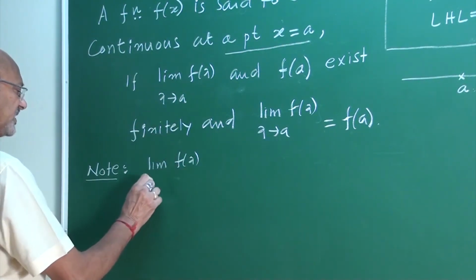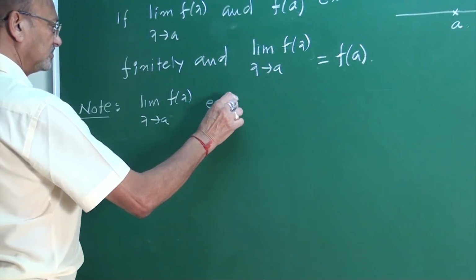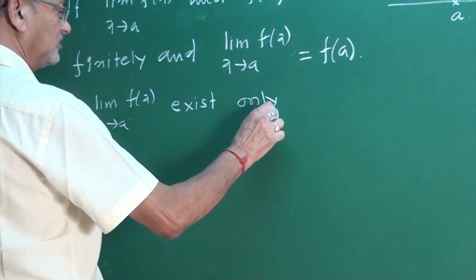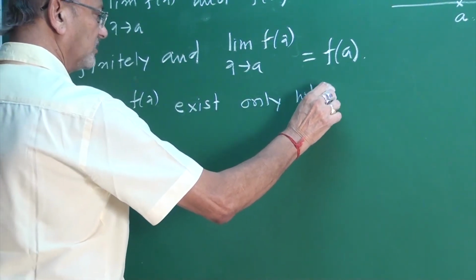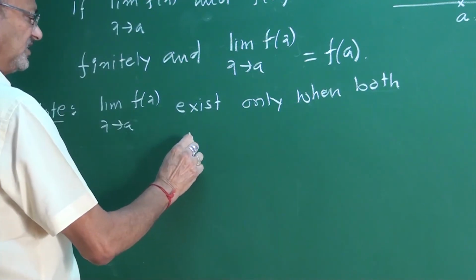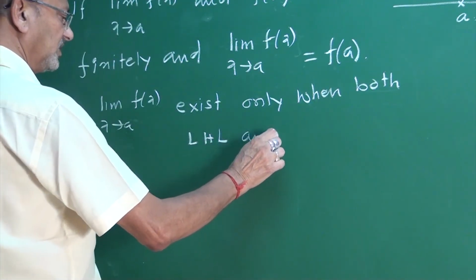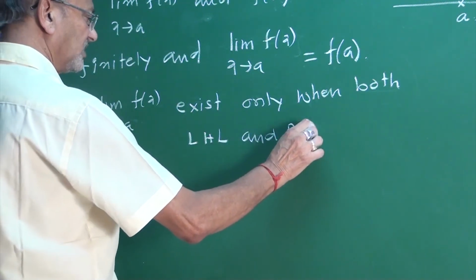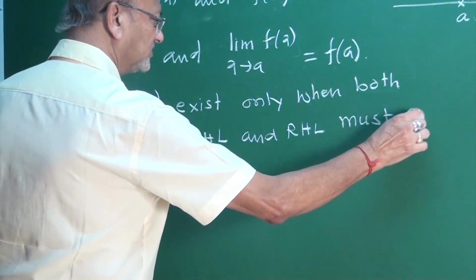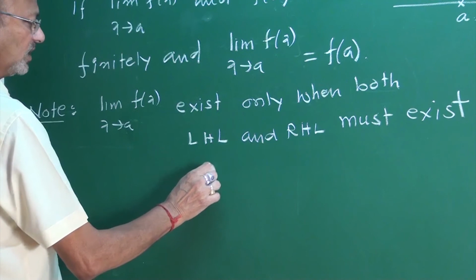Limit of f(x) as x tends to a exists only when both LHL and RHL must exist. Both LHL and RHL must exist finitely, and they must be equal.